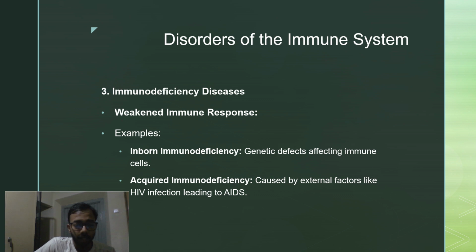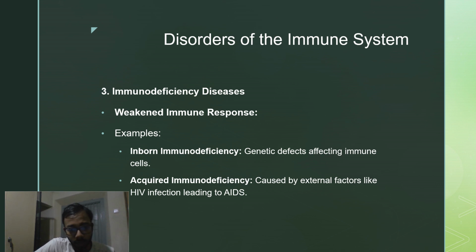And there are immunodeficiency diseases as well, in which our immune responses become weak. There are inborn immunodeficiencies as well as acquired immunodeficiencies. Inborn means genetic defects can affect your immune cells, which can lead to immunodeficiency, meaning the cells are not functioning properly.